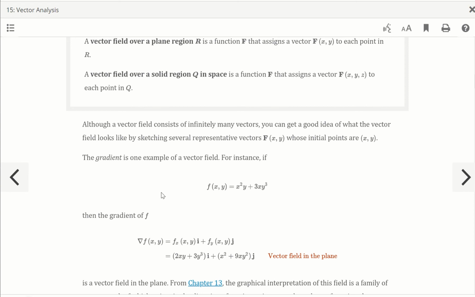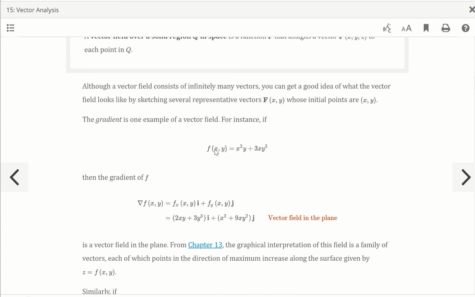One example that we've seen previously in the class was the gradient. The gradient is one example of a vector field. For example, if we have the function f of x, y equal to x squared plus y plus 3xy cubed, we remember that the gradient was equal to the partial of f with respect to x times i plus the partial of f with respect to y times j.